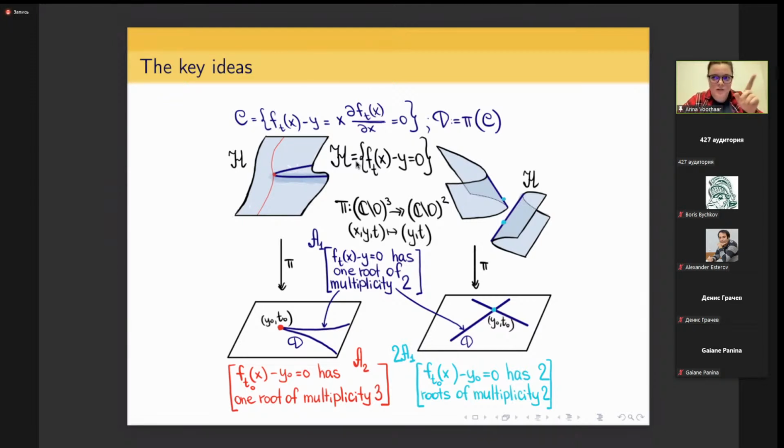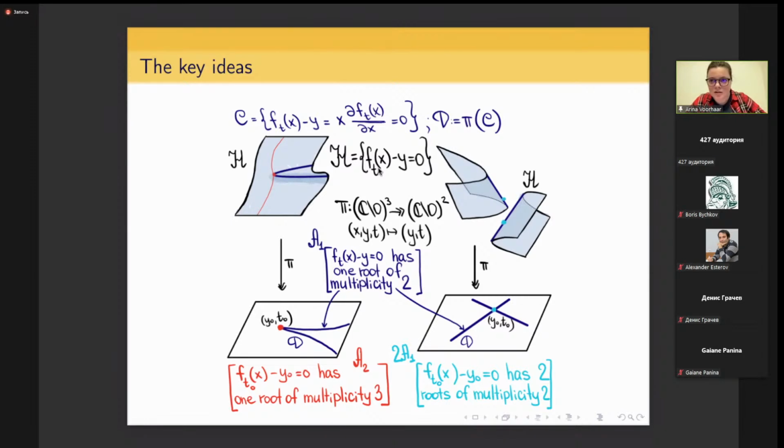We need to track those, because that will help us to find the value of the support function. While the number of nodes, which are the points y0, t0 such that when you plug them into the equation, you get a polynomial in X that has two roots of multiplicity 2, corresponds to the number of polynomials in the family f_t,x that get on the Maxwell stratum.